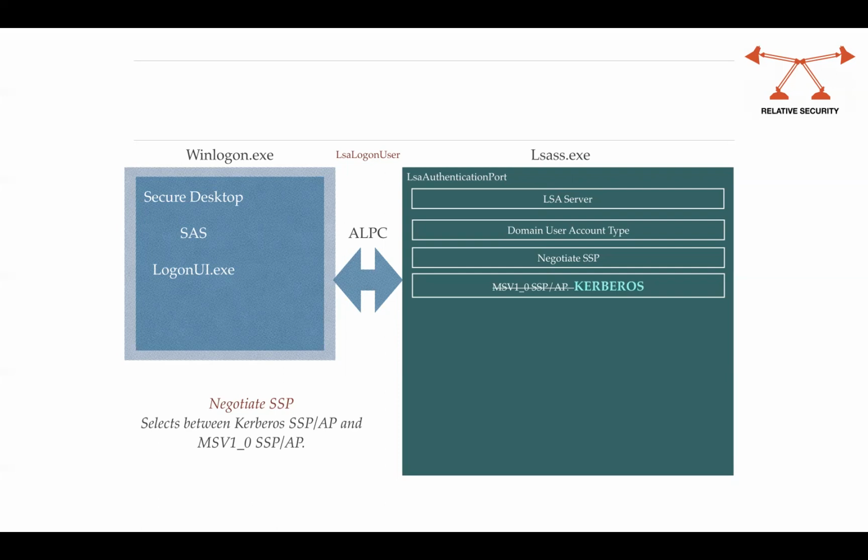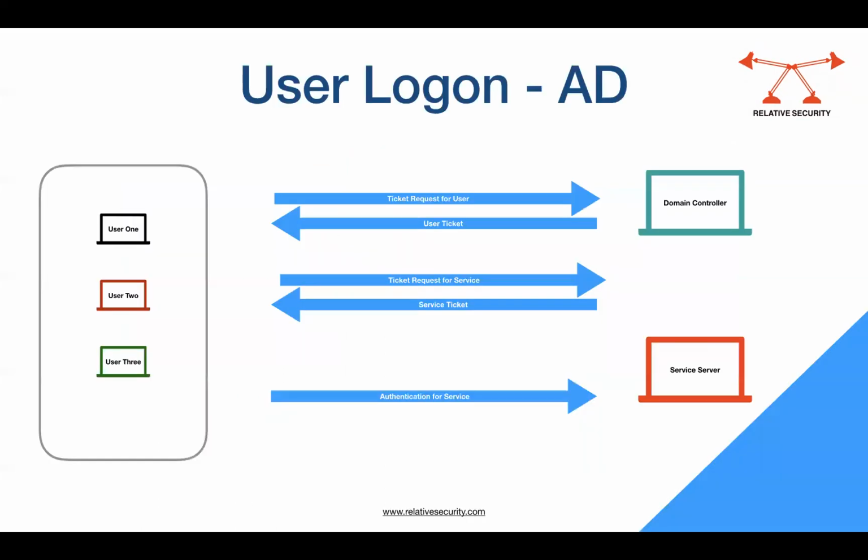Now, once Kerberos has been selected as the SSP, the next step that happens is something like this. On your left-hand side, you have different users that want to authenticate themselves with the domain controller and access any of these services. The first thing the user is going to do is request a ticket for the user. They will get a ticket, because that ticket is for the authentication of themselves.